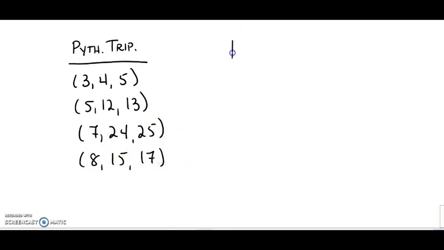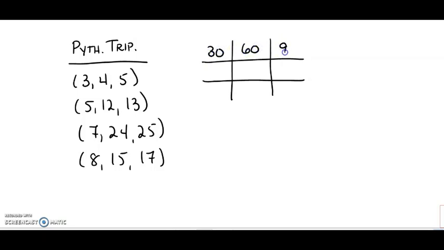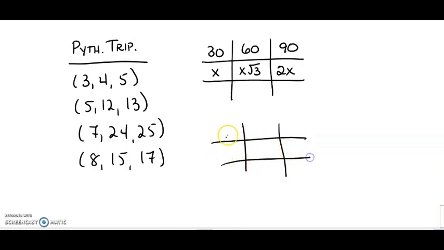And then we had the 2 special families: 30-60-90, x, x square root 3, and 2x. And then we also had the 45-45-90, x, x, x square root 2.